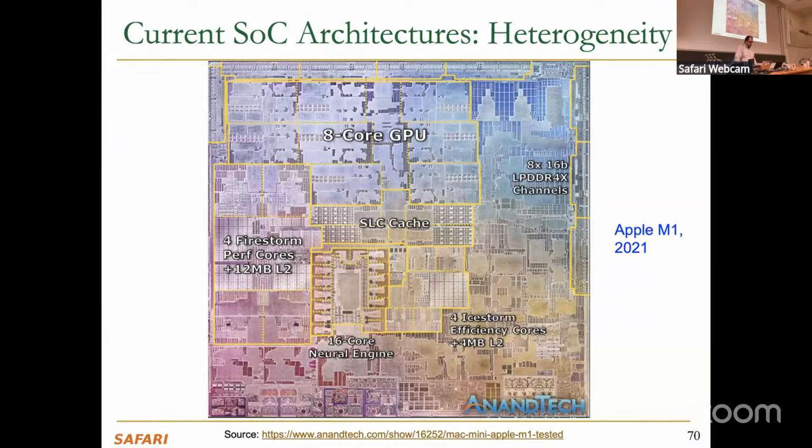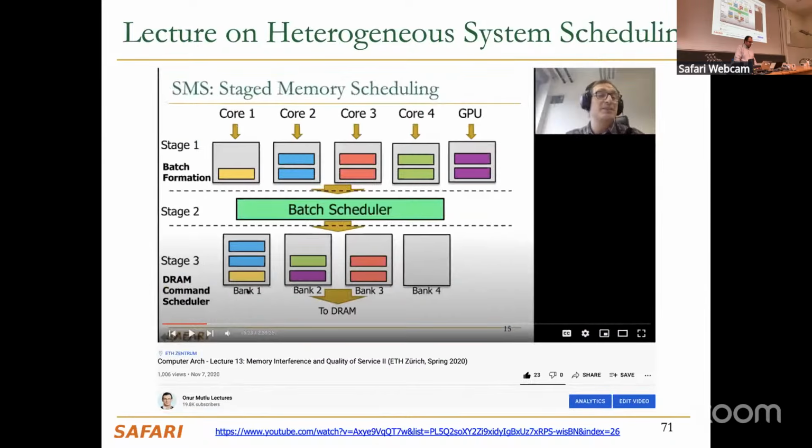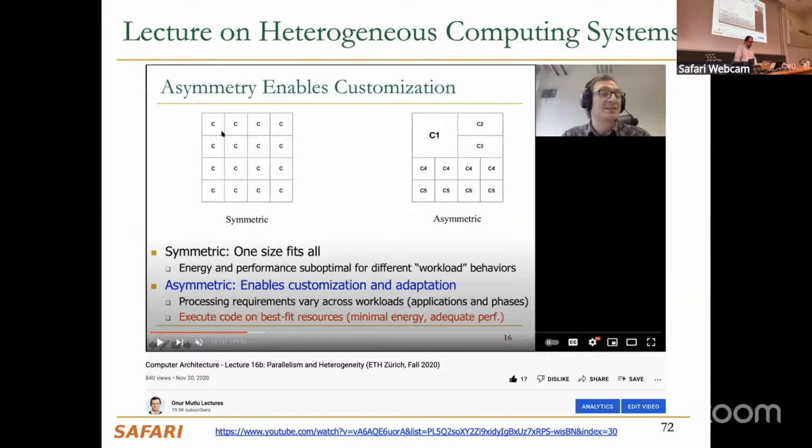This one is for Apple M1, and we have lectures on that line also from previous editions of this course. And here is also a foreshadowing of our lecture on asymmetric multi-core. In symmetric, you can have a SoC where all cores are similar. But today SoCs are quite asymmetric. So you have large cores, small cores, and then it's very important what to map to the large core essentially.